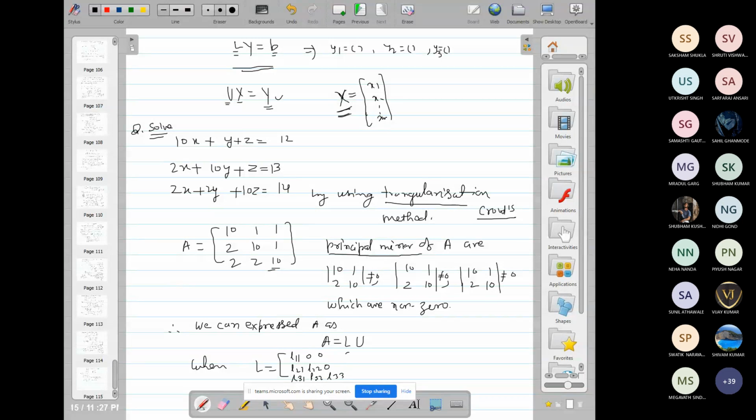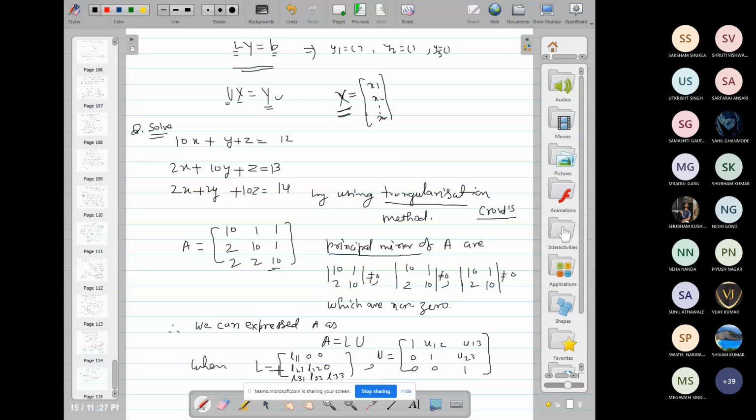And U is the upper triangular matrix: 1 U12 U13, and 0 1 U23, and 0 0 1.